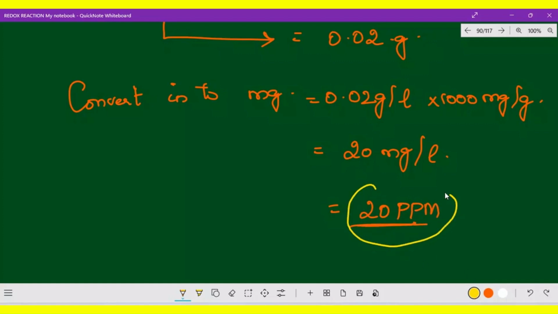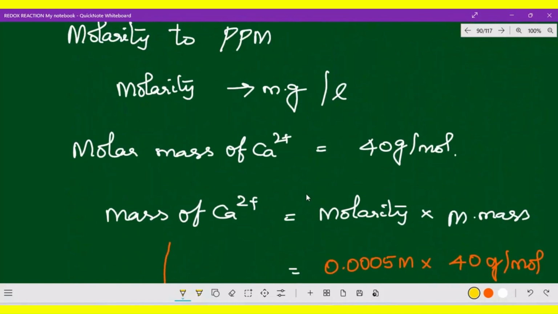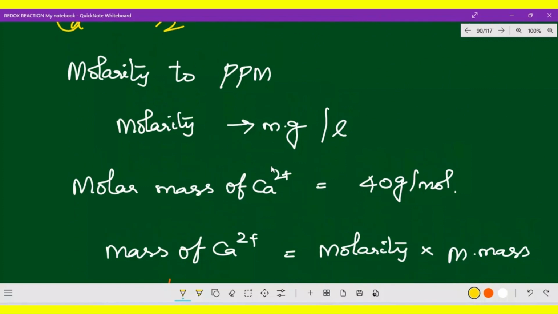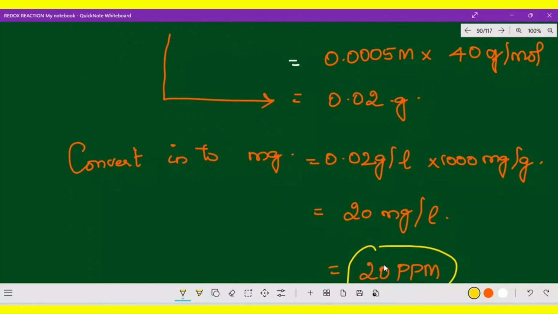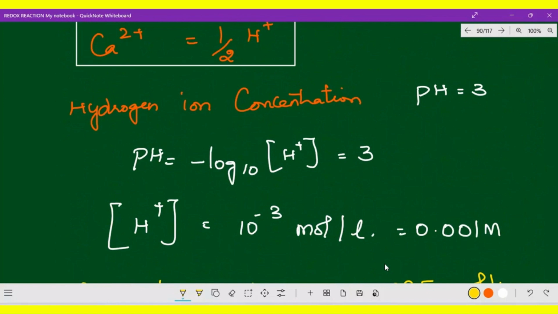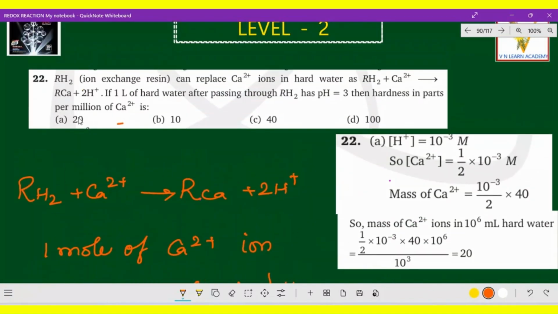I hope you got the clarity. Now what is the correct option? I hope you got an idea how to convert molarity into ppm, and the second one, conversion of gram per liter into milligram per liter. Then finally we are bringing ppm, right? So which is the correct option? Option A is the correct option, right?